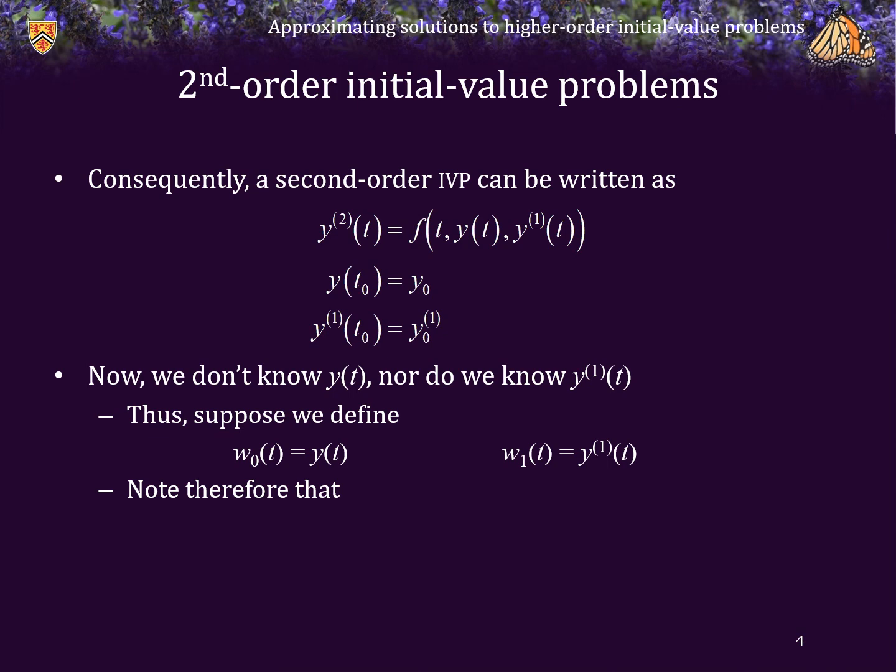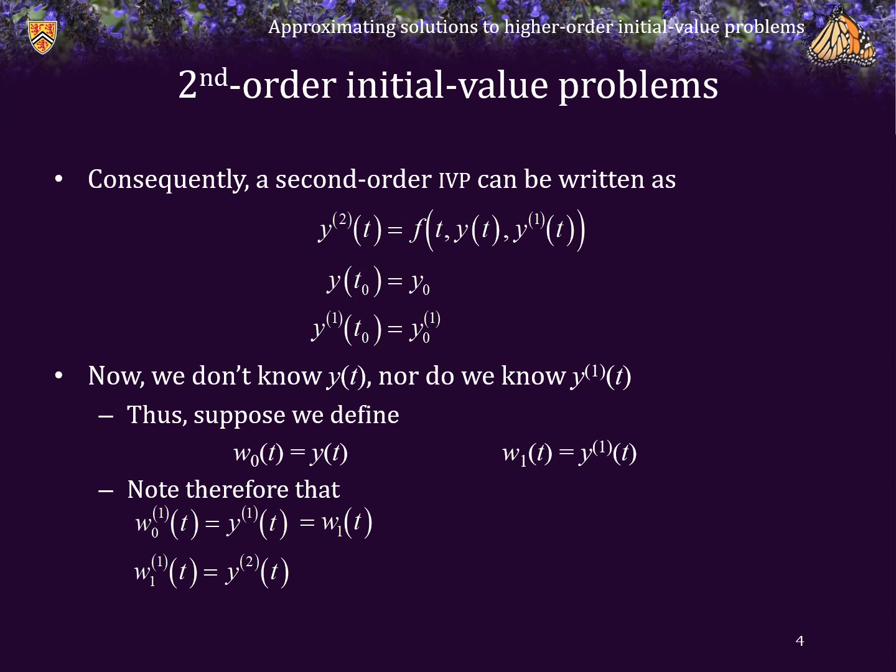Note therefore that if we take the derivative of w0, w0 was defined as y of t. So therefore, the derivative of w0 is the derivative of y of t. But wait a second, look at the right-hand side. The derivative of y of t is the function that we described as w1. Now, the derivative of w1 is the derivative of the derivative of y of t, which is the second derivative of y. Now, what's the second derivative of y?